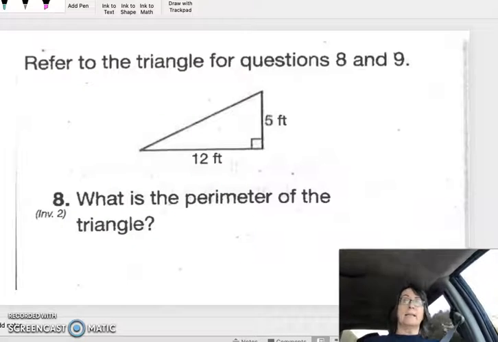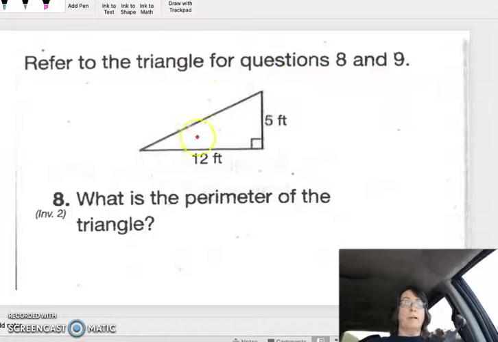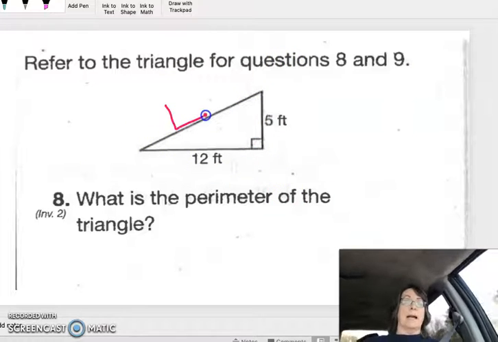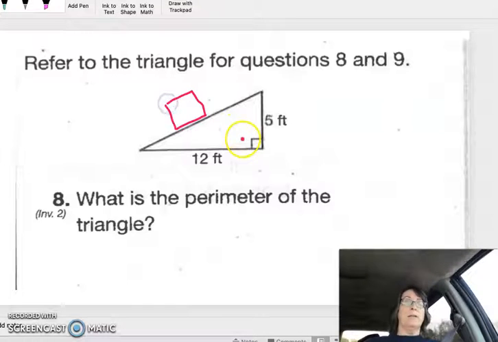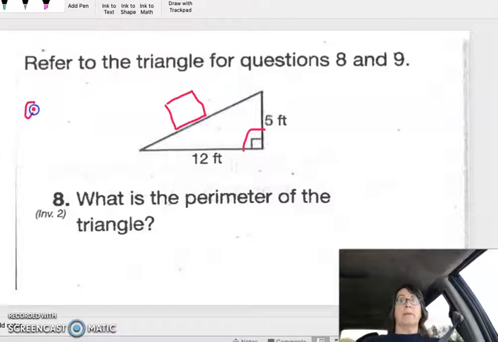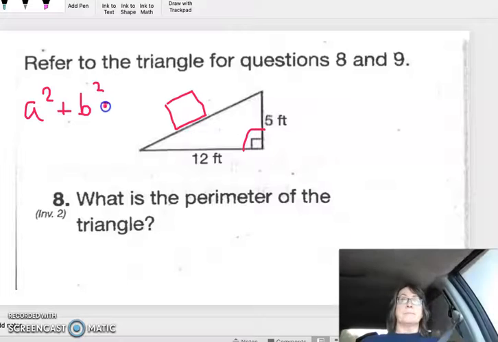Number 8. Refer to the triangle for questions 8 and 9. What is the perimeter of the triangle? Well, you notice that we have a missing side over here. But you also notice this is a right triangle. So when we have right triangles, we're going to use our Pythagorean Theorem, okay, which says a squared plus b squared equals c squared.